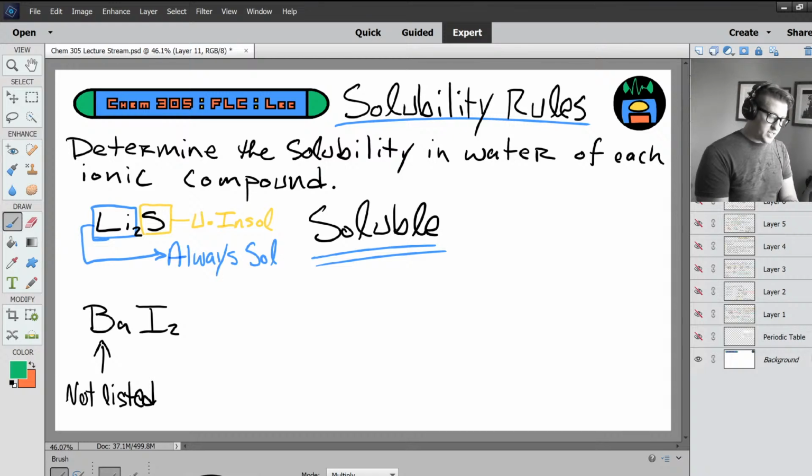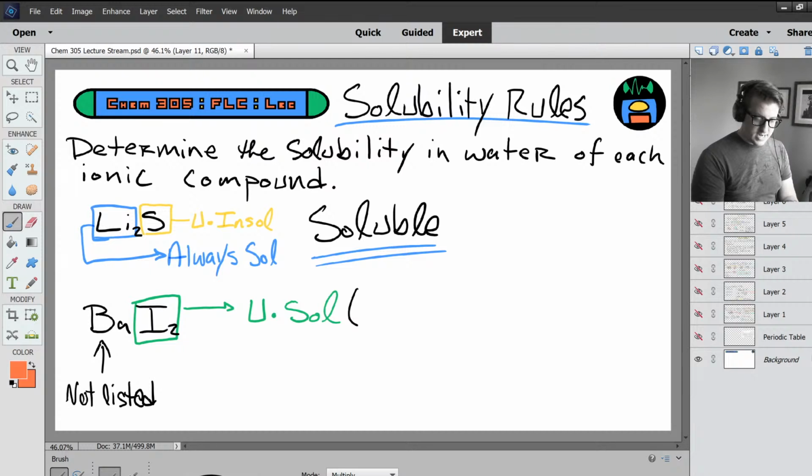So we are going to have to determine whether or not this is soluble based off of iodide. Now, iodide is usually soluble, which means we have to look up when it's insoluble. All right, and iodide is insoluble with 3 ions.